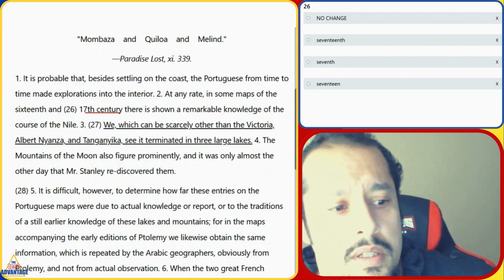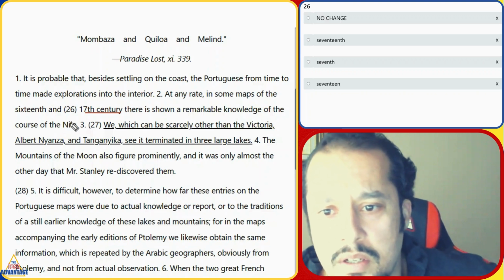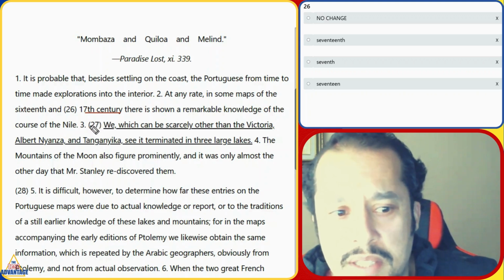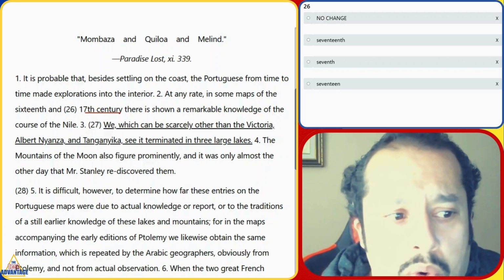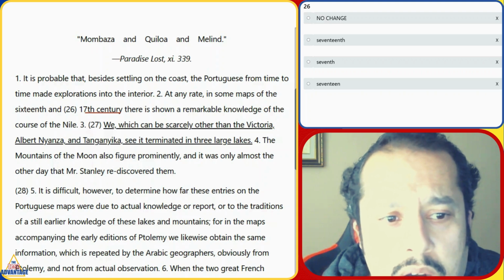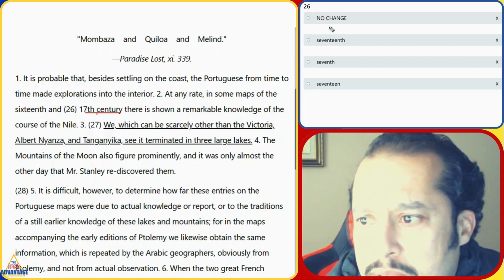So here at 26, we actually have to choose the answer that fits the context. So 17th century, but how do they write the years here? That's the point we need to find out. We have 17th century, 17th, 7th, 17th. So these are wrong.